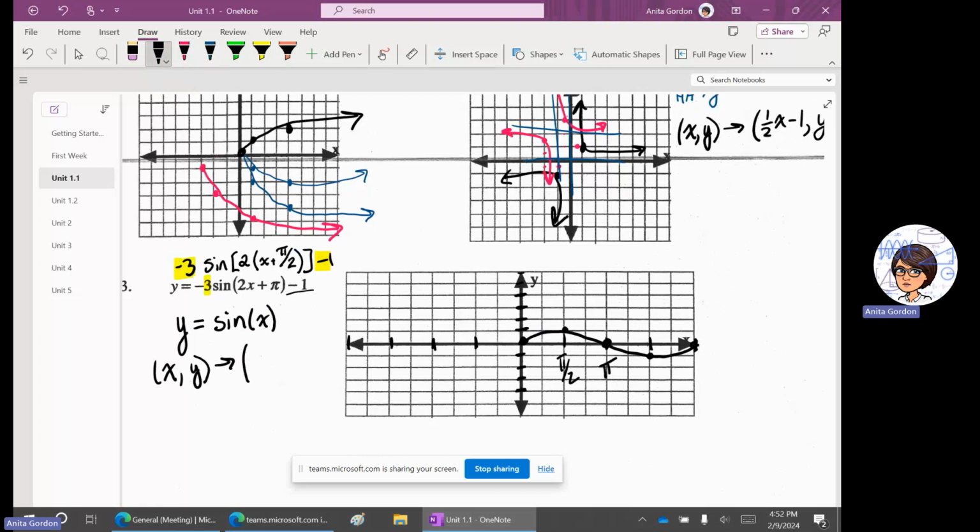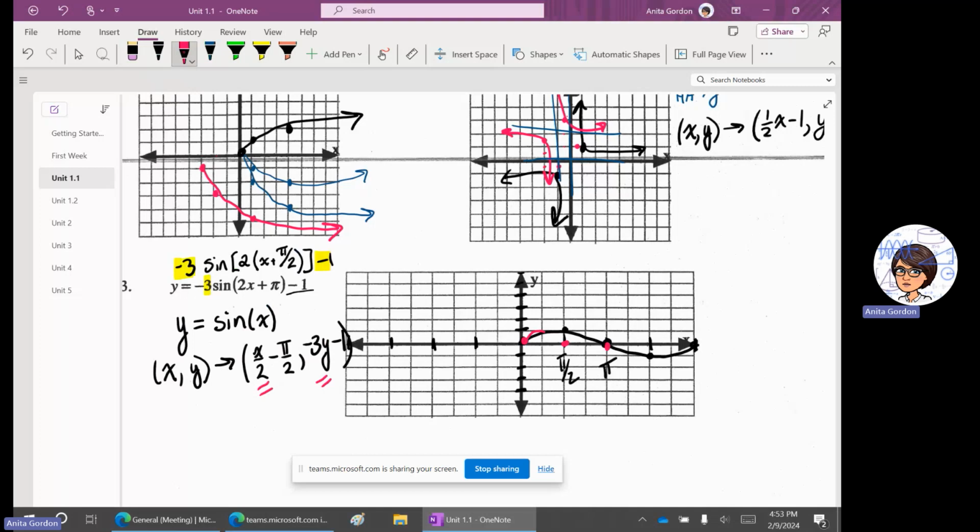So my x values are getting divided by 2, and we are minusing pi by 2. For my y values, we are multiplying them by negative 3 and then shifting them down by 1. All right, this is going to be a little bit tricky, but we are confident and strong and we can do it. Okay, so we need to do the multiplication bits first. So I have half the x's and I have to negative 3 the y's. So half the x's means I'm going to go here, here, and here.